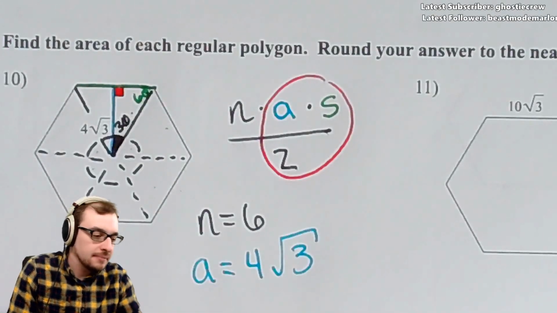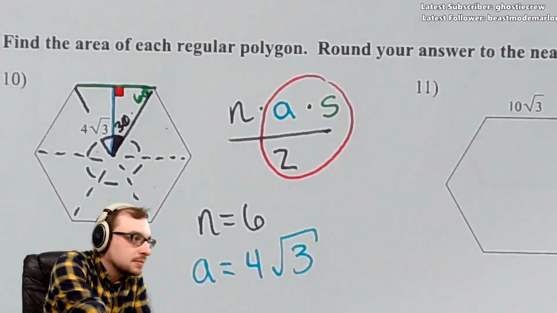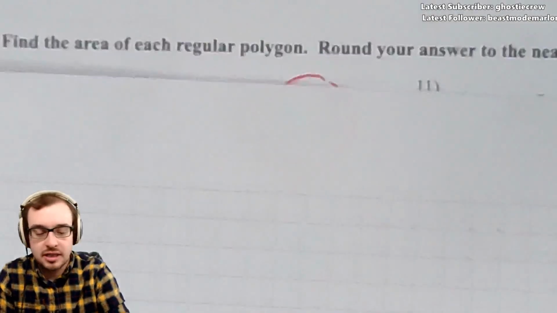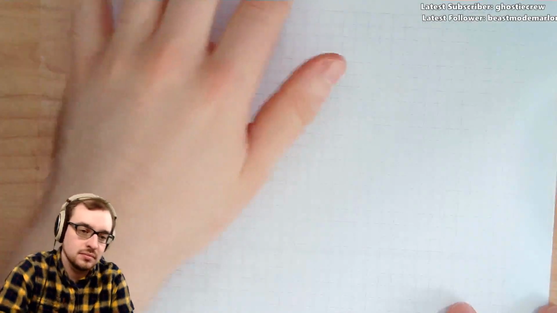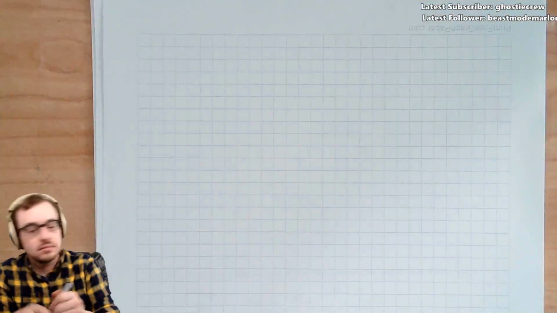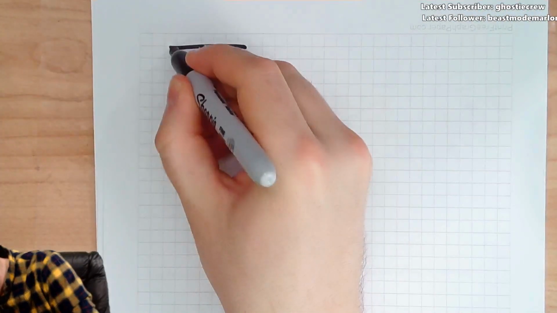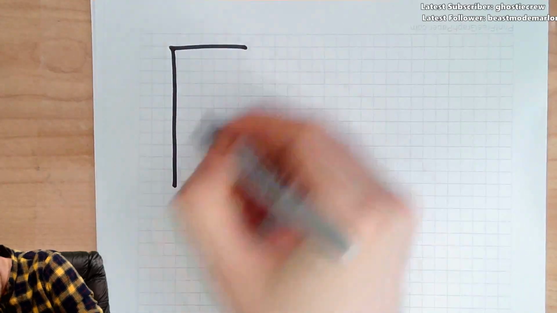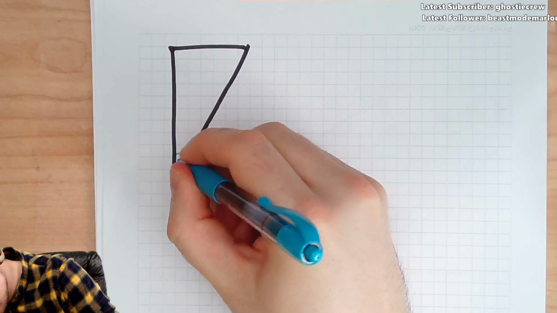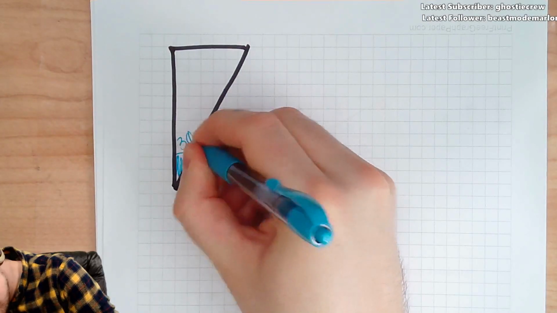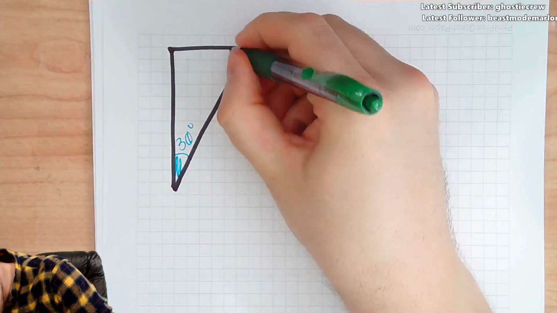So I'm going to draw that out. Just that triangle. So here is our triangle. We said that this was 30. We said that this was 60.